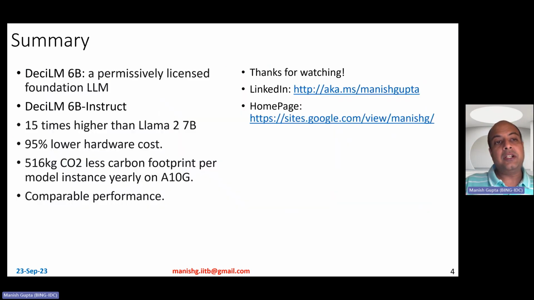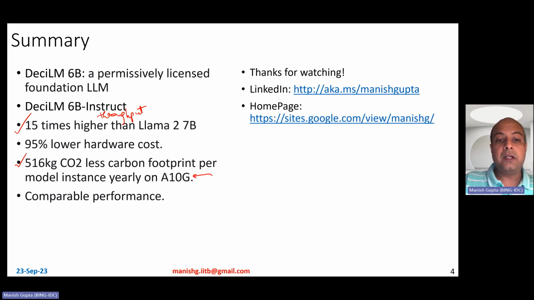In short, DeciLM 6 billion is a permissively licensed foundation LLM. There is also an instruction fine-tuned version, DeciLM 6 billion Instruct. The biggest selling point about this model is that it is 15 times higher throughput compared to Llama 2 7 billion model, 95% lower hardware cost, and a much lower carbon footprint compared to the Llama 2 model per model instance yearly on an A10G GPU machine.